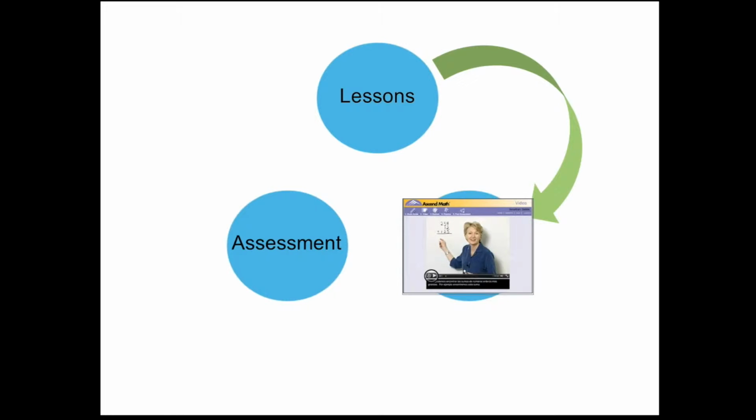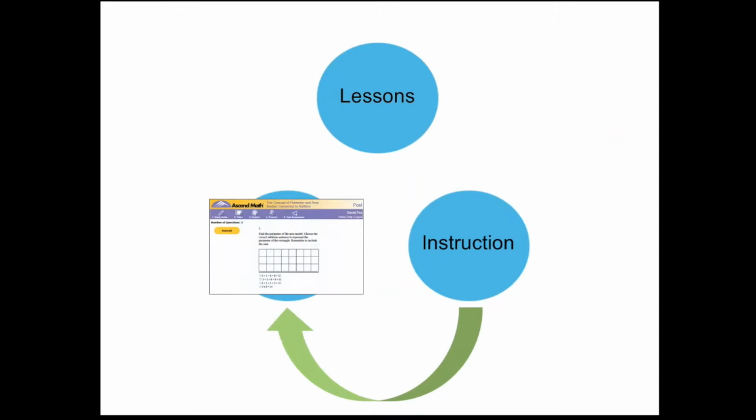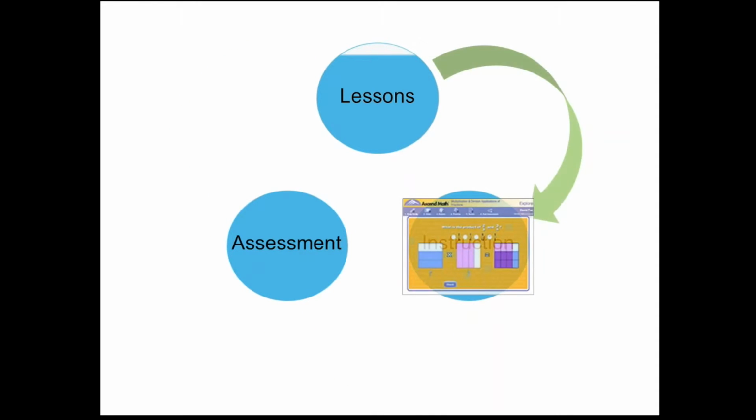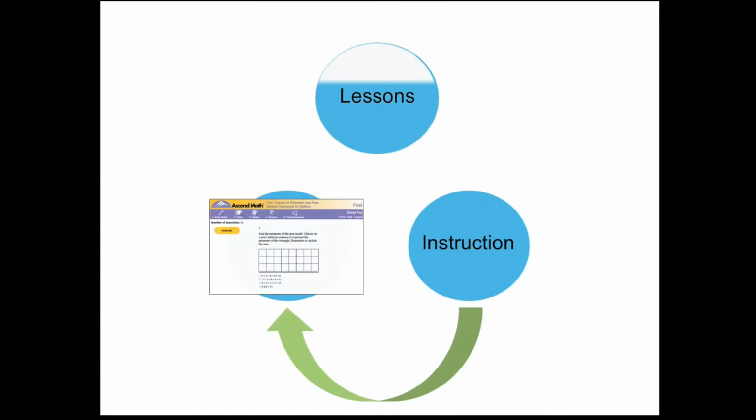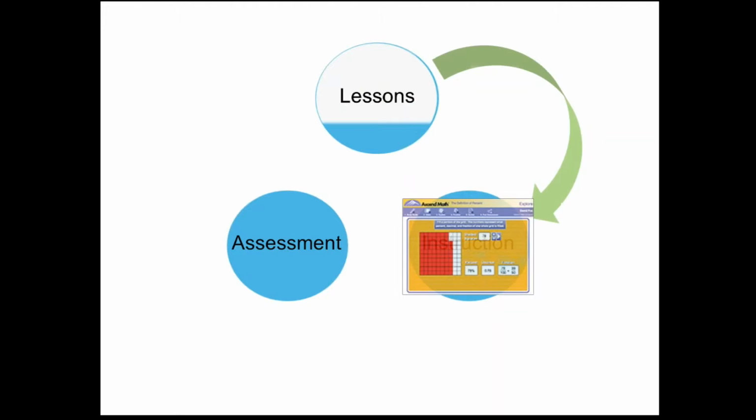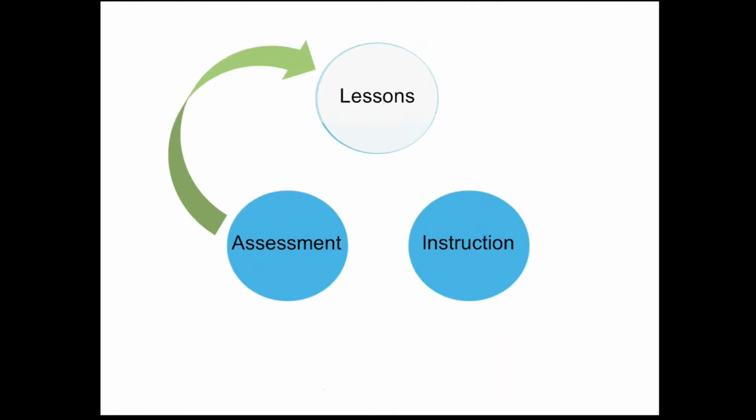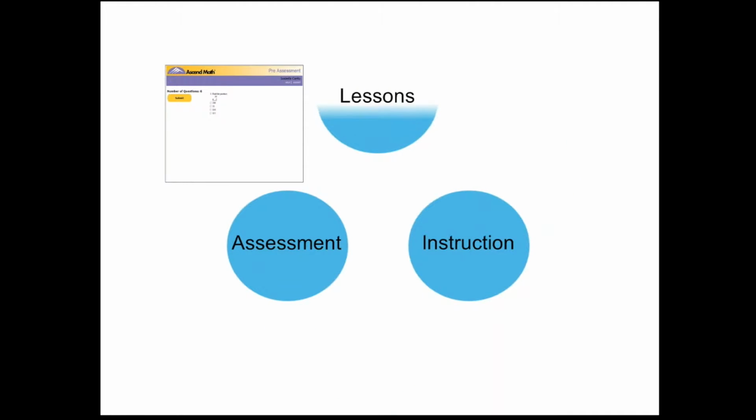I'll show you a little bit more about that in more detail here in a moment. But always the assessment follows, and then the lessons continue, and the process continues as they move through their logical progression that was assessed in the beginning. The next unit occurs and the lessons refill once again.